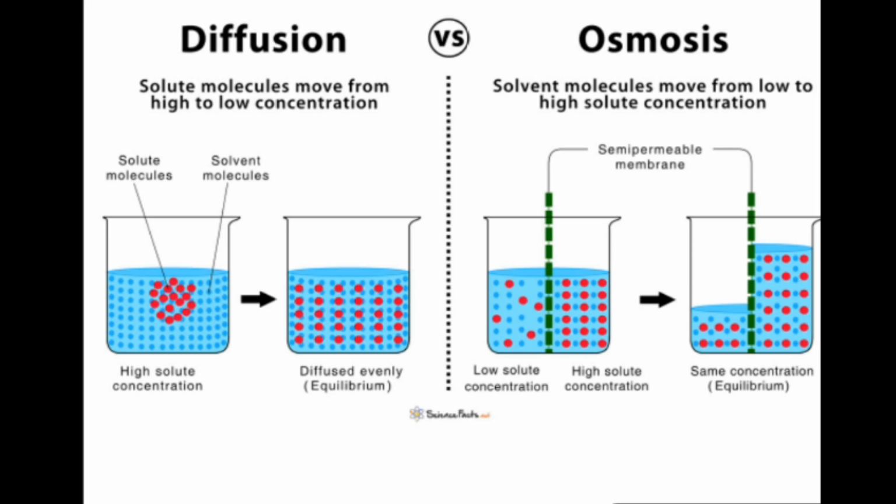In case of osmosis, if you are trying to separate two compartments of a beaker with a semi-permeable membrane, with one half having low solute concentration and the other half having high solute concentration, after some time the equilibrium will be reached and both sides will attain a balance.